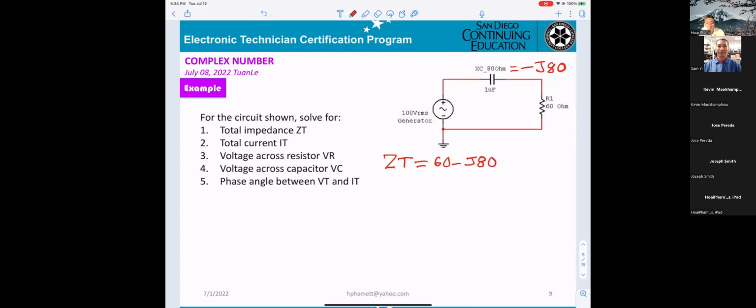Right. So basically, that will be in the complex number. So if you want to calculate the total resistance, then you understand ZT will be equal to what? 60 squared plus 80 squared, and then take the square root. Z total equals the square root of A square plus B square, right? Right.